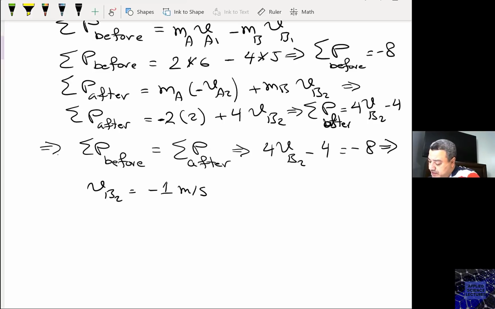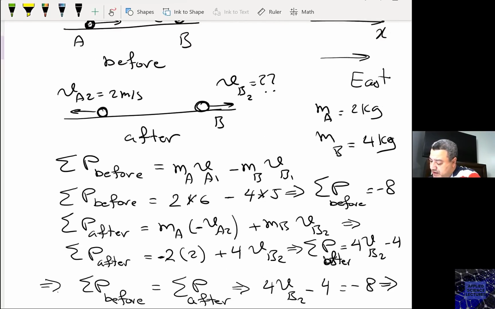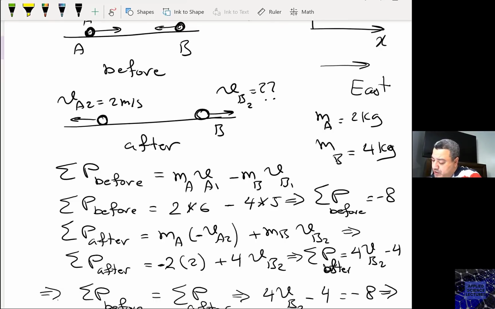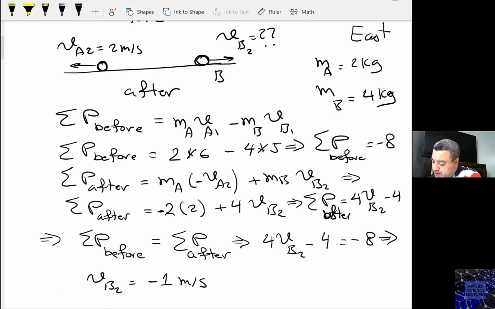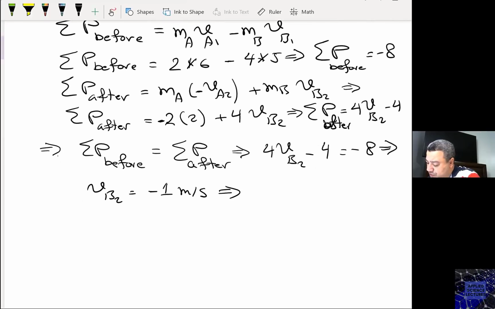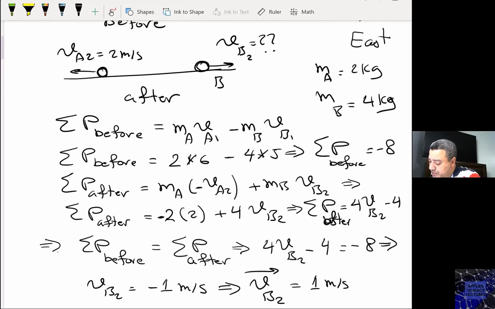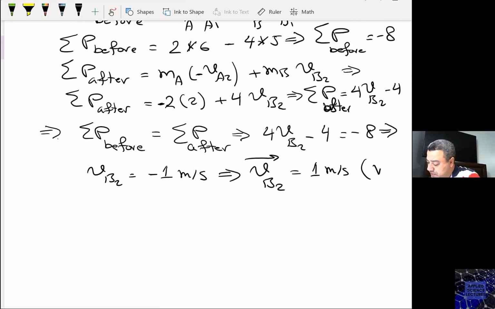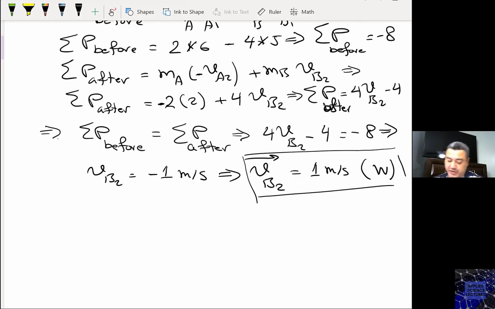As you can see, this is negative, which means it's indeed not going east, it's going west. So I can say vector-wise VB2 vector, and once I say vector, I have to define direction, equals 1 meter per second, and in this case it will be west. So this is VB2 going in the west direction.